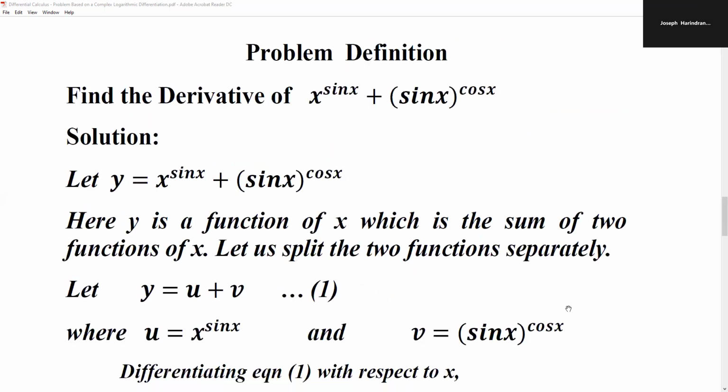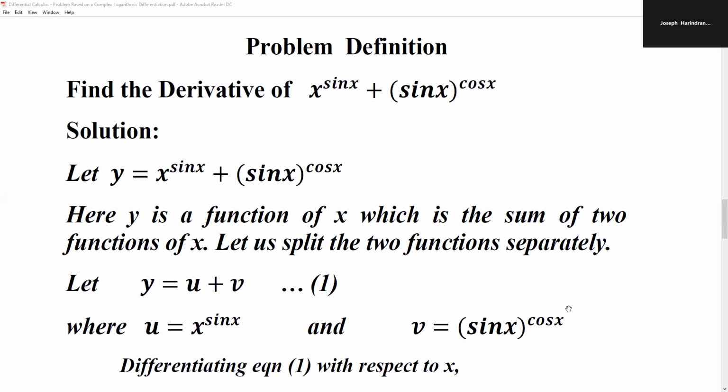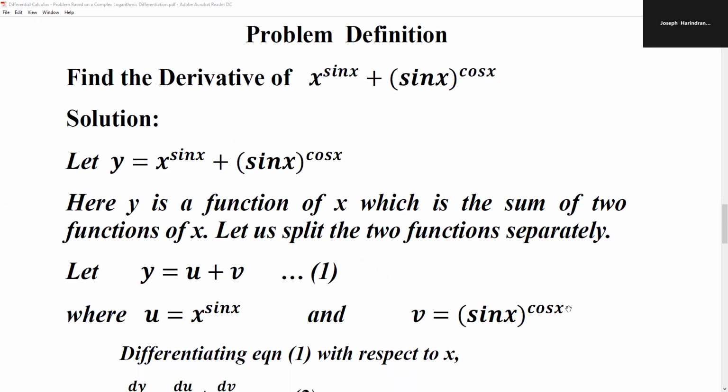Here is the problem definition. Find the derivative of x power sin x plus sin x whole raised to the power cos x. Let us see the solution. Now let us assume y is equal to this given function.